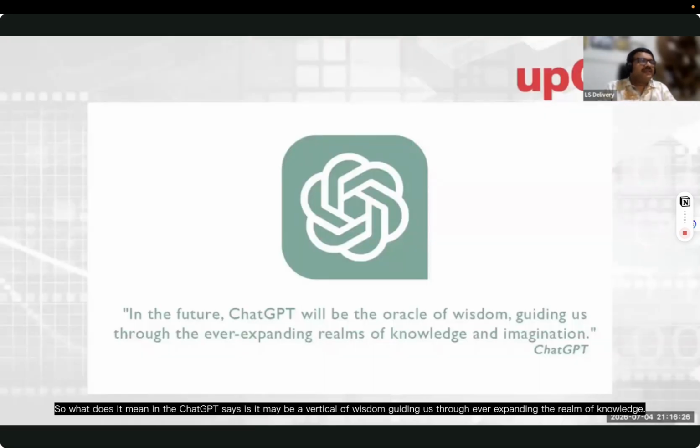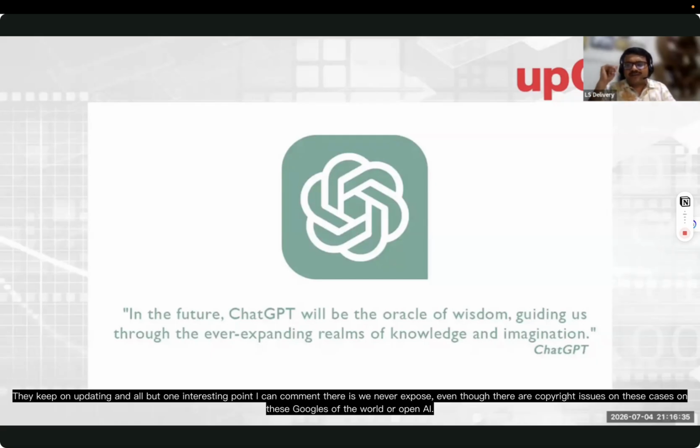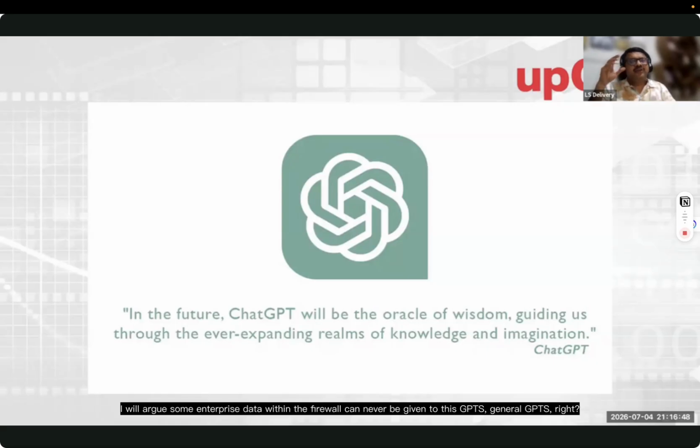So what does that mean? ChatGPT says it may be an oracle of wisdom guiding us through the ever-expanding realm of knowledge. They keep on updating. But one interesting point I can comment on is that, even though there are copyright issues with the Googles of the world or OpenAI, I will argue that some enterprise data within the firewall can never be given to these general GPTs, right?